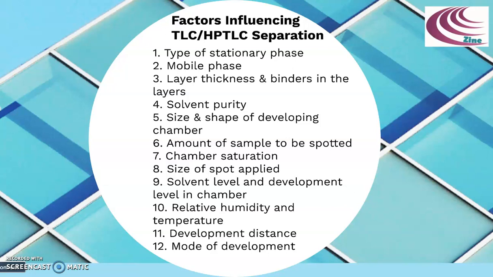And the last point is about the mode of development. I am sure that while reading each point you actually visualize each step, and that's the perfect understanding of the concept. I am happy you all are doing well.